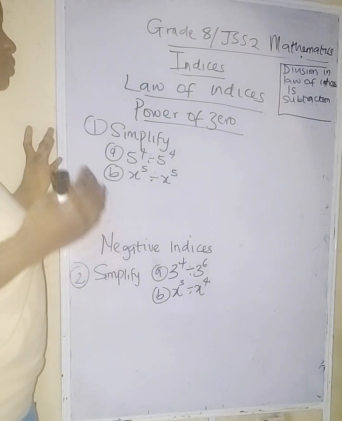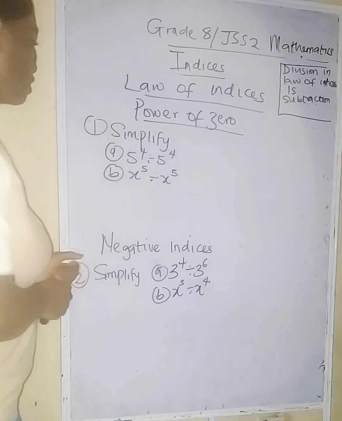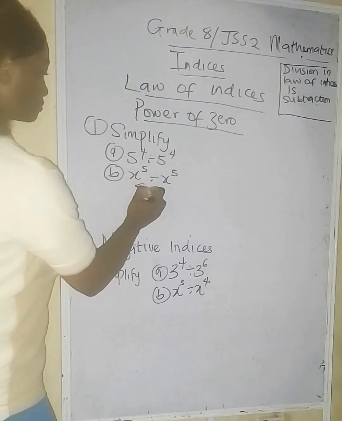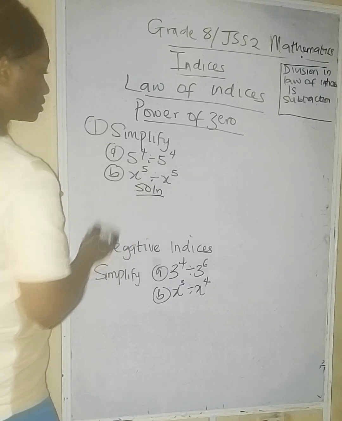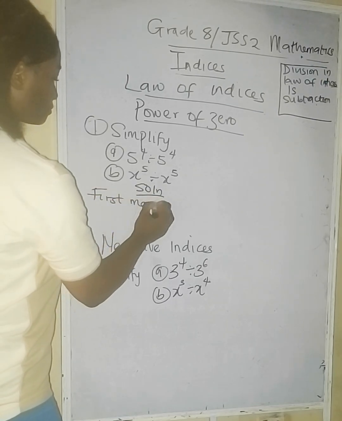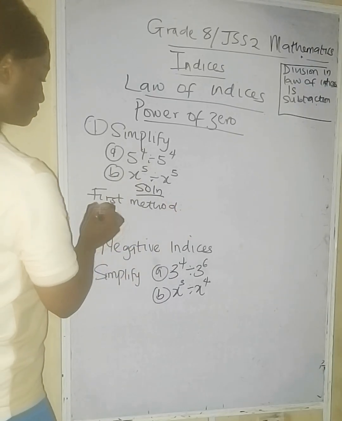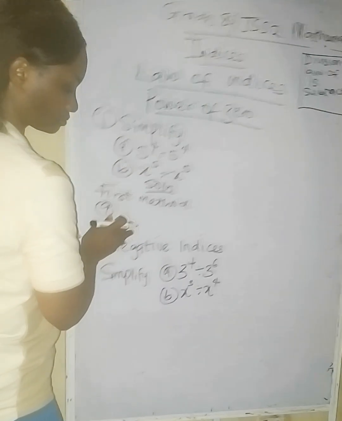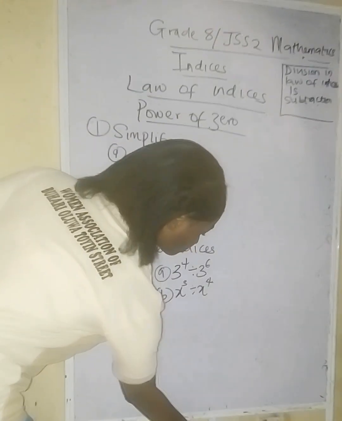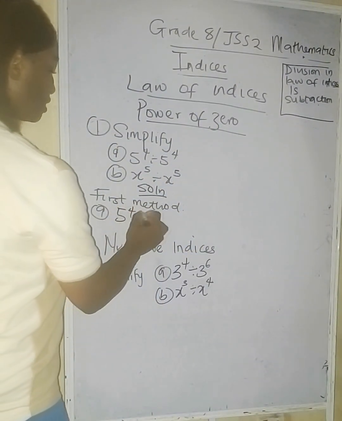We can use 2 methods for this. So now for the first method, so that is A, which is 5 raised to power 4 divided by 5 raised to power 4.